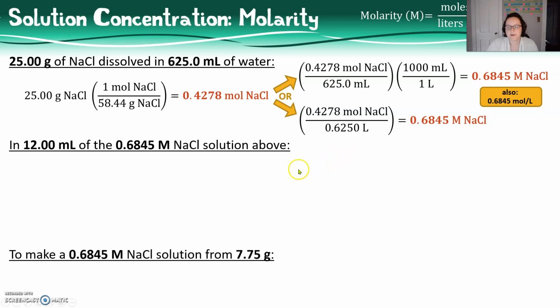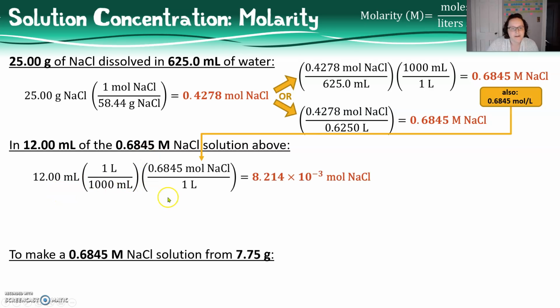Now, once the molarity is known, it can be used to calculate the moles or grams of solute in a specific volume, or the volume of solution needed to create a solution from a given mass. To calculate the amount of solute in 12 milliliters of a 0.6845 molar solution, use the molarity as a conversion factor to convert volume to moles, remembering that volume needs to be in liters.